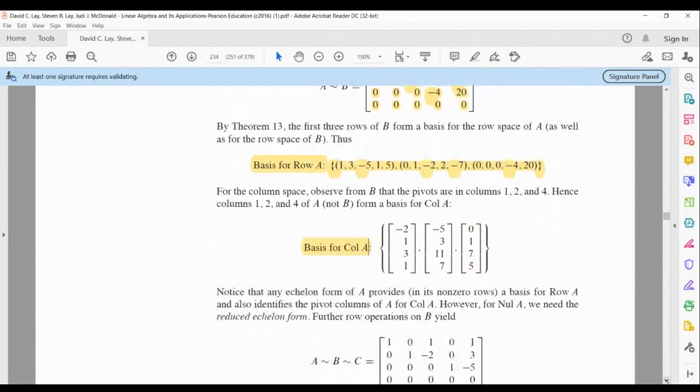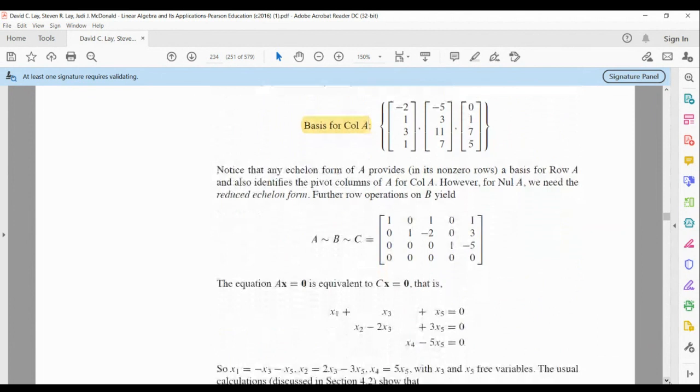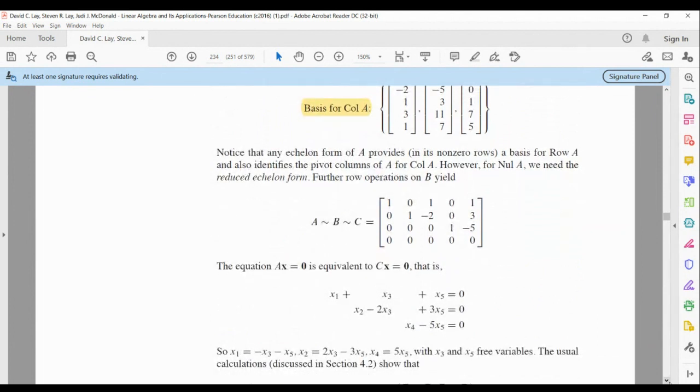And then, of course, the null space. You know how to find a basis for the null space of A. But there you actually have to solve a system of equations.